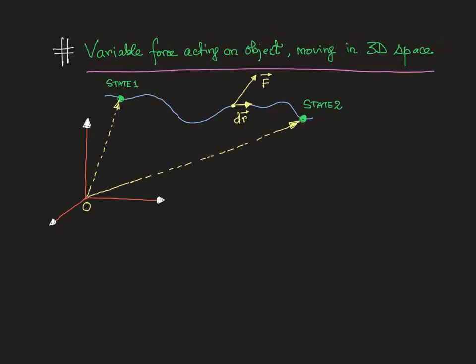So this is the most general case. Here the force is a variable force and the particle is moving from position 1 to position 2, or state 1 to state 2, along the path shown.